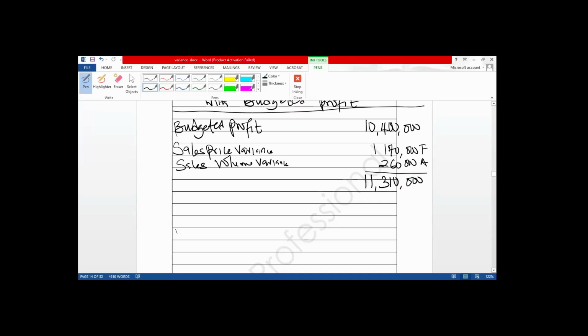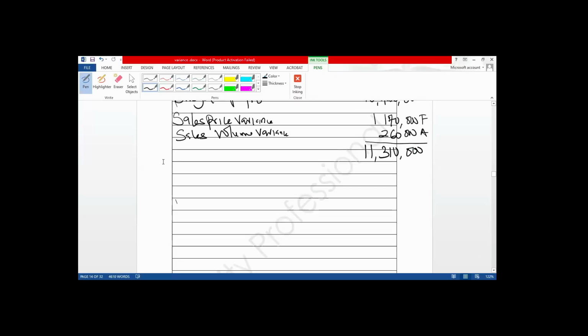Now go to cost variance. You have F for favorable, A for adverse. Be picking all the costs we have calculated.